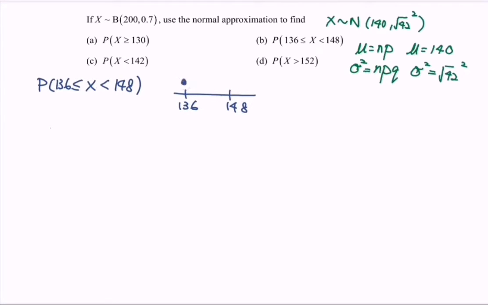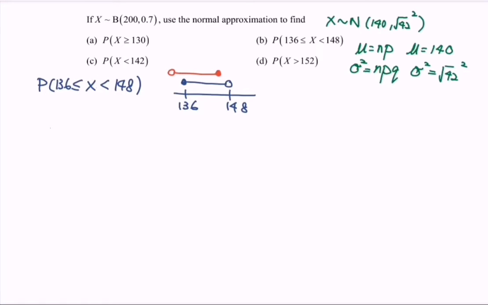Remember the continuity correction: where we have a filled circle, we create an empty circle, and when we have an empty circle, we need a filled circle. So here is the situation for continuity.